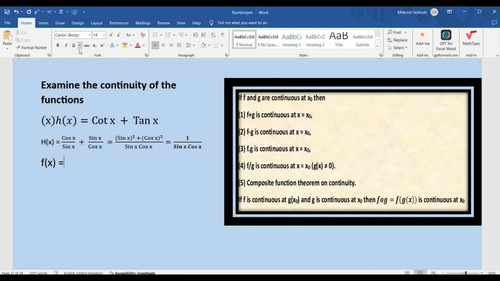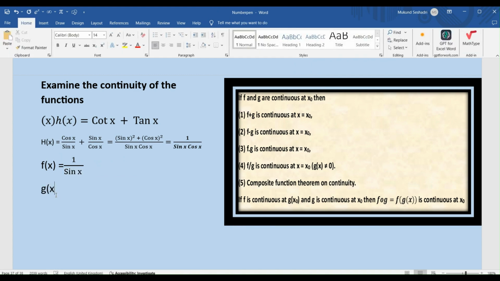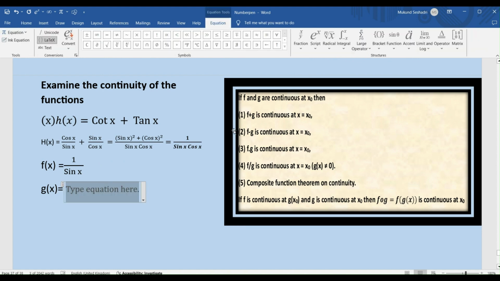So let me write that out here. I have my f of x as 1 by sin x, and my g of x is nothing but 1 by cos x, right?